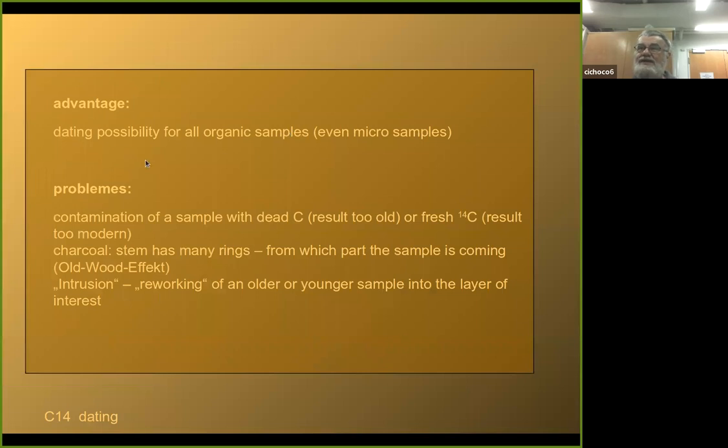So the advantage of C14 is measurements of all organic samples are possible, even micro samples with this new, I missed the word, Beschleuniger. But they face also some problems.